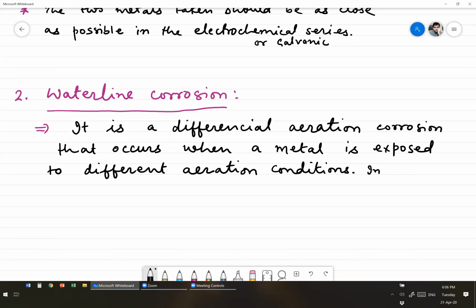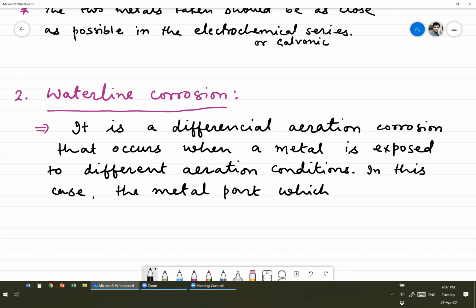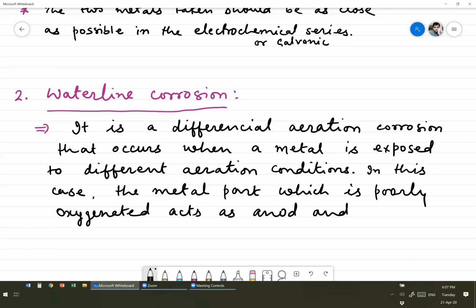In this case, the metal part which is poorly oxygenated acts as the anode and undergoes corrosion.